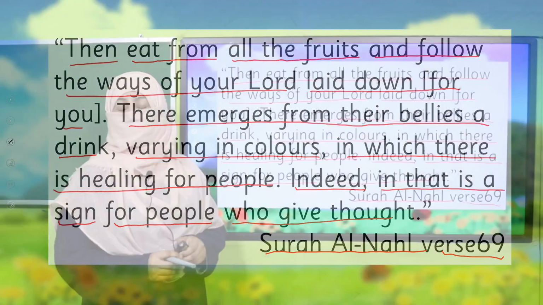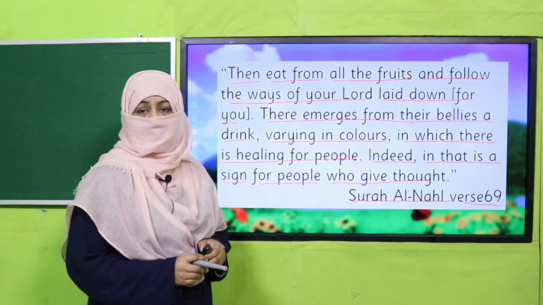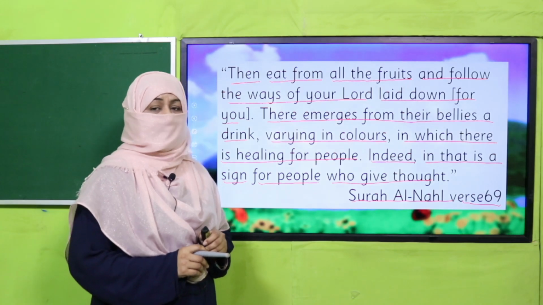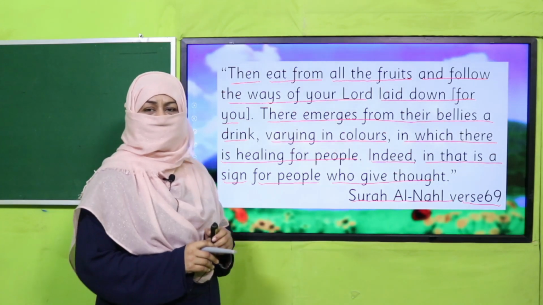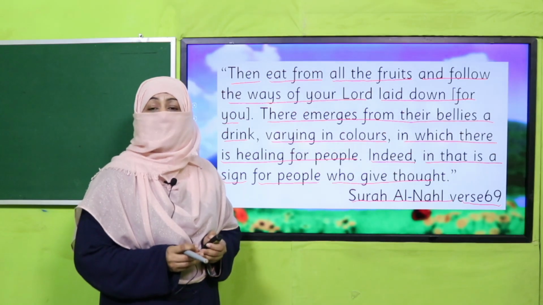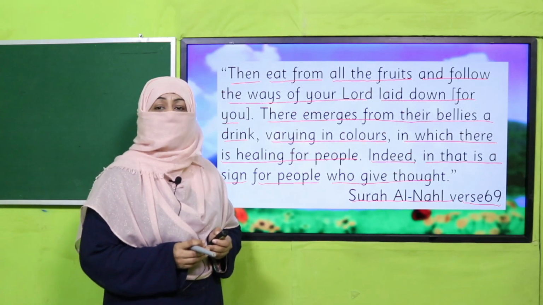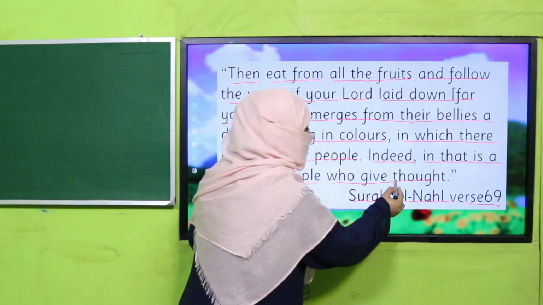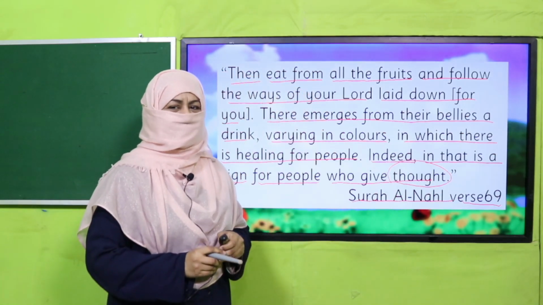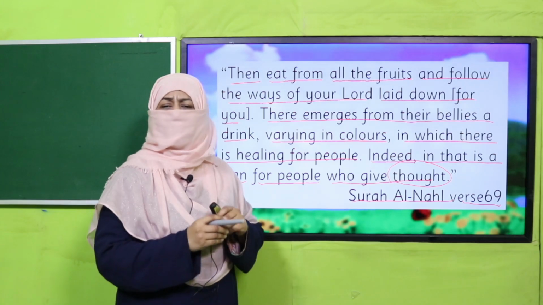Yes, my dear children, as I told you yesterday, subhanallah beta, every verse of Quran is so amazing. And you see the message in this verse is about the variety of fruit Allah subhanahu wa ta'ala has created for us. And Allah is saying it's a sign for people who give thought. So let's give thought to variety of fruit. Like there are different colors.